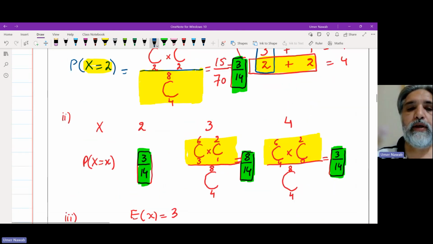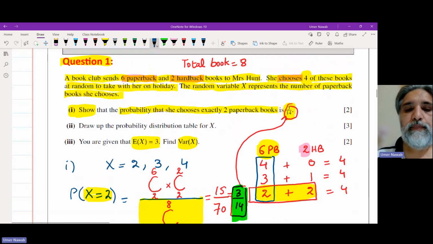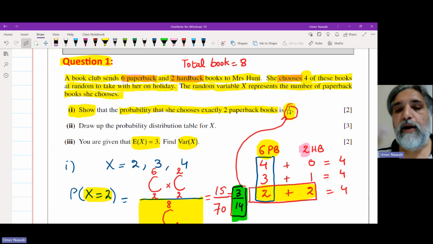So my friends, in this question, I have tried to explain the concept of a discrete probability distribution table, how it is constructed from the random variable, which is given according to the situation. In this situation, my random variable depended upon the number of paperback books.